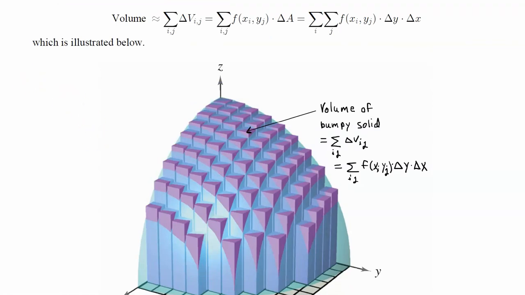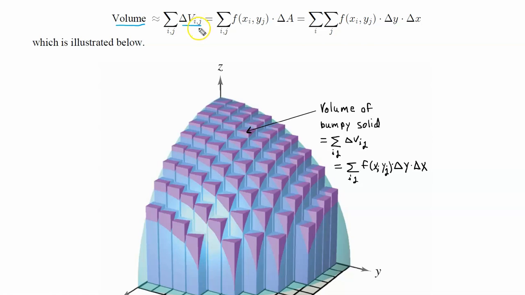Okay, so here you see we have written the volume as being approximately the summation of all of those volumes. You see the i is going to index from 1 to n, and the j is going to index from 1 to m.